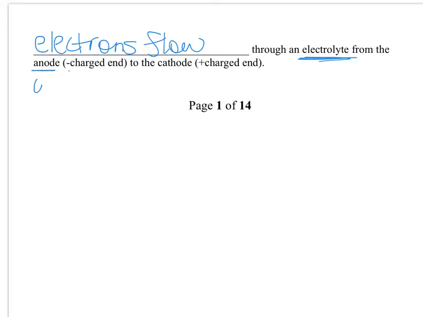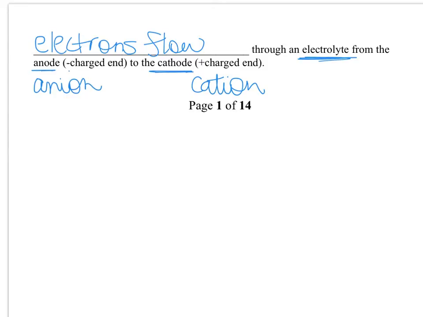Again, it should look like a word that you learned earlier. Anion is at the anode. It flows from the negative anode to the cathode, which is the positively charged end, which again should remind you of the word cation that you just learned.